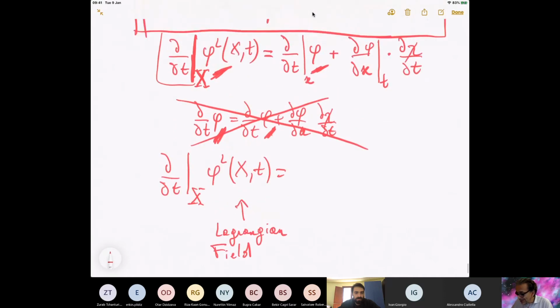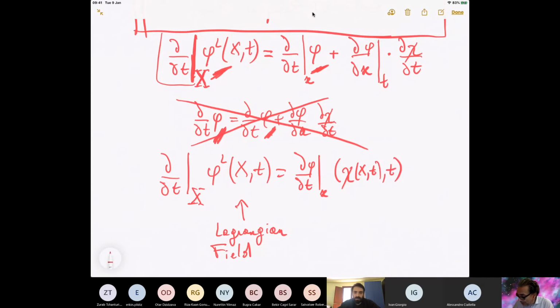So on the right-hand side, we should have a Lagrangian field. And indeed, we have d over dt, small x blocked, of phi, but calculated in chi of X, t, and t.